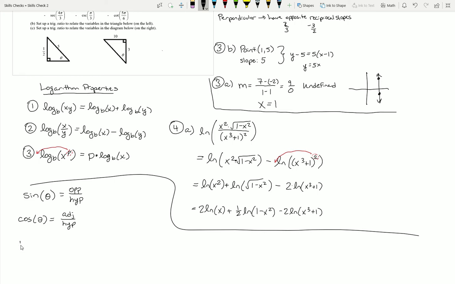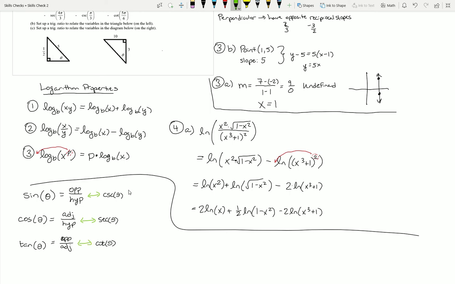And if I'm working finally with my tangent, that's going to be the same thing as the opposite over the adjacent. Now when I deal with my other trig functions, that is if I deal with something like the cosecant of an angle, or the secant of an angle, or the cotangent of an angle, I should recognize that first off, these are all kind of paired up with a partner on the other side here.